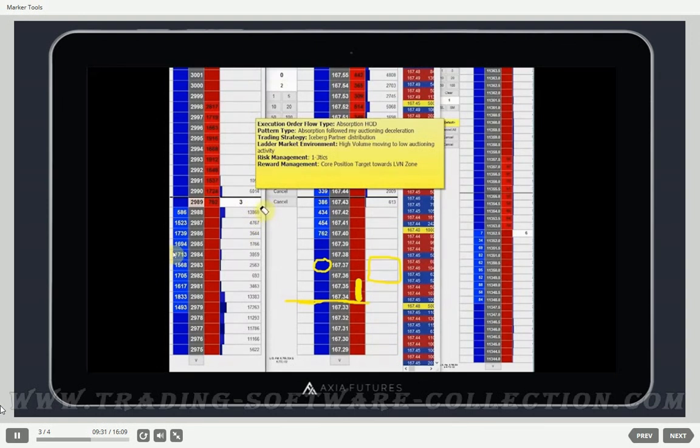Remember, you always know what an absorption at the high of day or the low of day is when you understand your market intrinsically well. In the oil market, it might be a 300 lot and a 400 lot being distributed at the high of day. In the Euro stocks, it's between 7 to 10,000 lots.